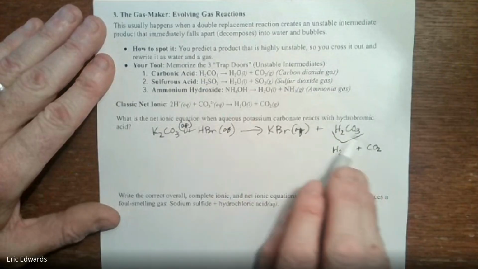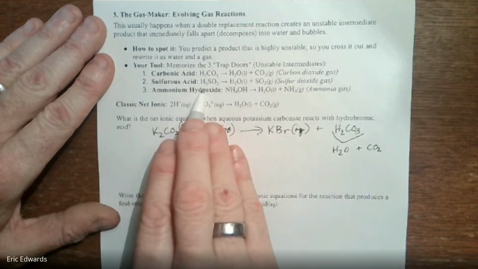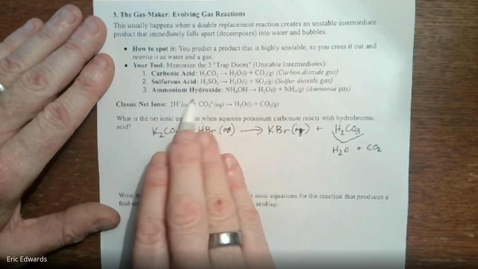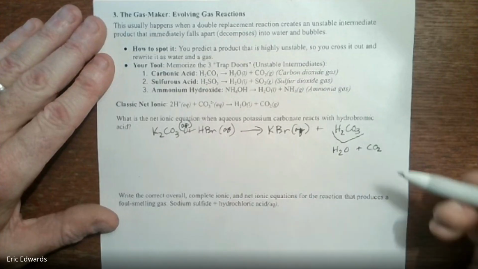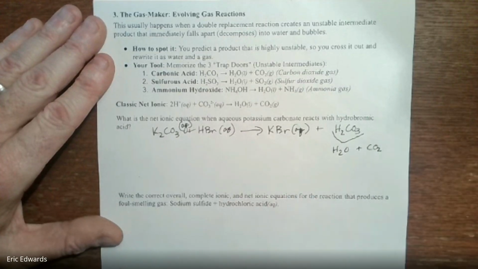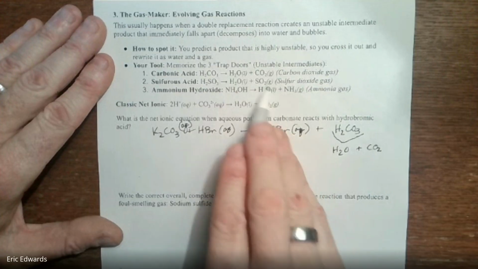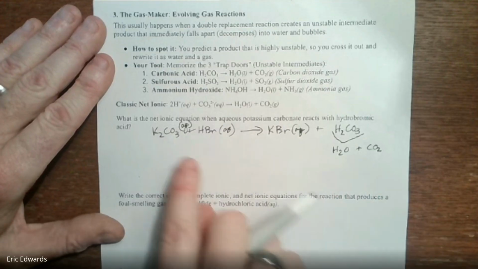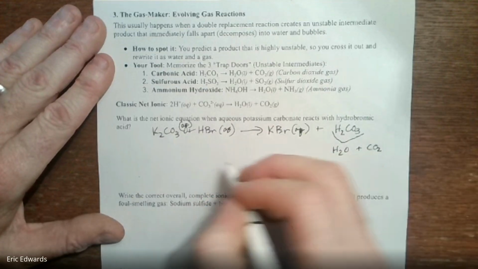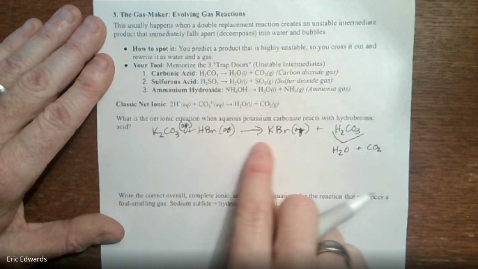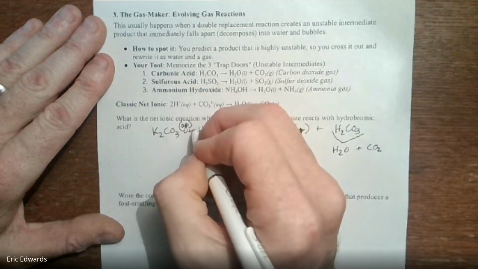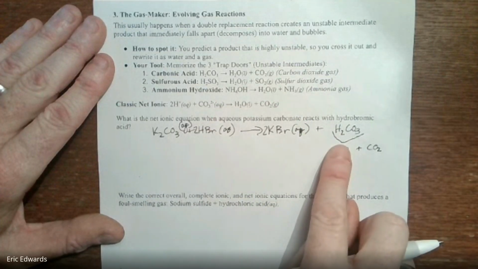If you see your product is H2CO3 or H2SO3 or NH4OH, ammonium hydroxide, then you're going to break those down into something else, and this is what they break down into. Make sure that these are K2. So I've got that, and that balances the equation for me.